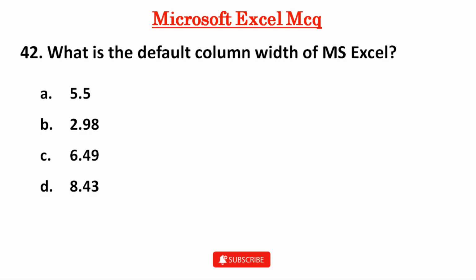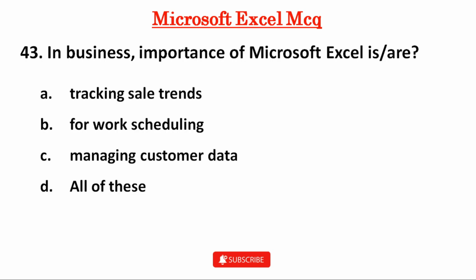Next, what is the default column width of MS Excel? Right answer is 8.43. Next, the importance of Microsoft Excel in business is dash. Right answer is option D, all of these.